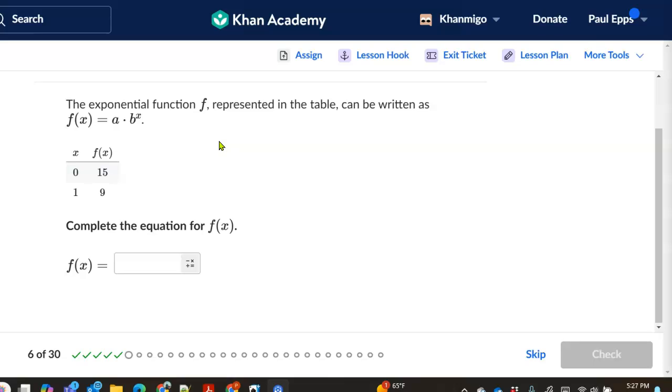And so a has to be 15 times, all right, and then when x is 1, we need 15 times something that is going to be equal to 9.